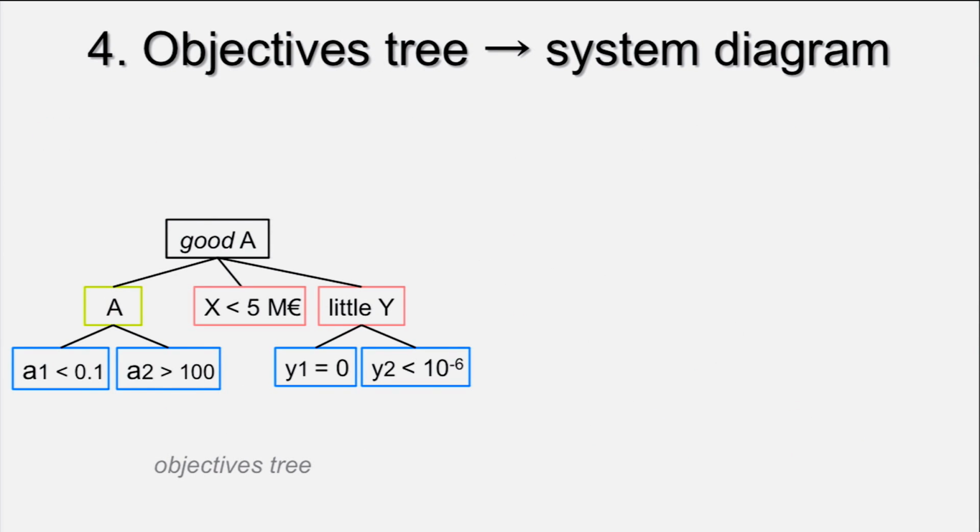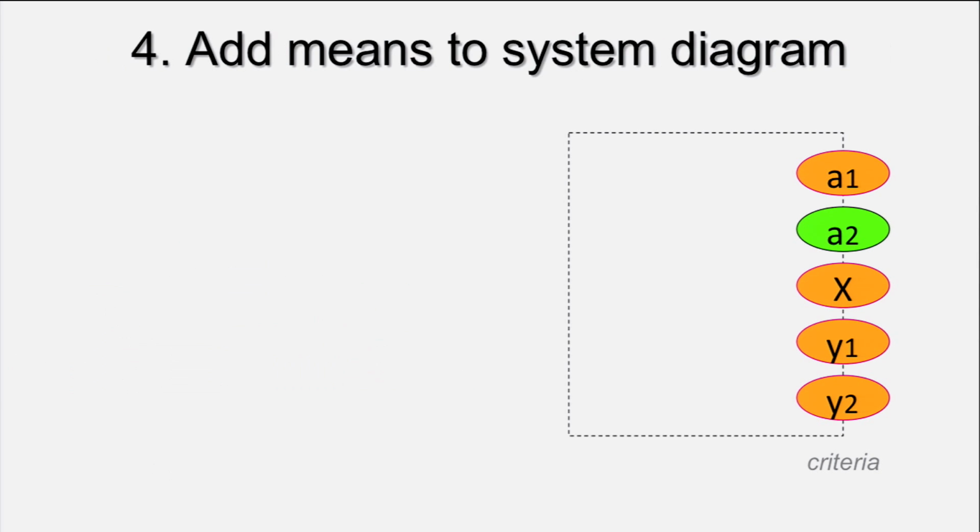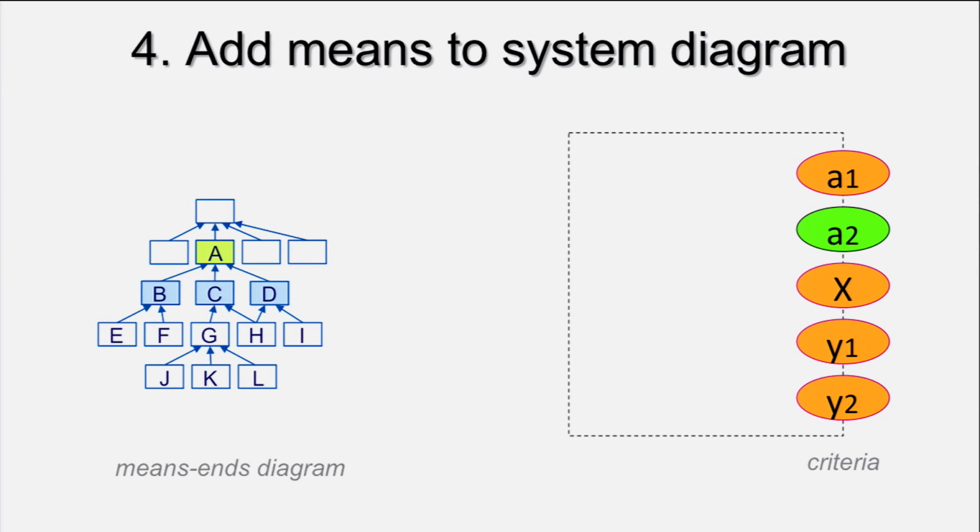By defining the criteria, we actually define part of the boundary of the system that we should consider when analyzing this problem. In our analysis, we should establish how strongly the means of our client will affect the criteria. So our objectives tree provides the right-hand side of a system diagram. Likewise, the means-ends diagram provides the left-hand side.